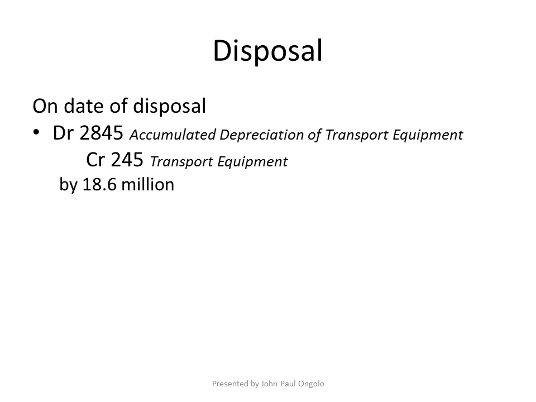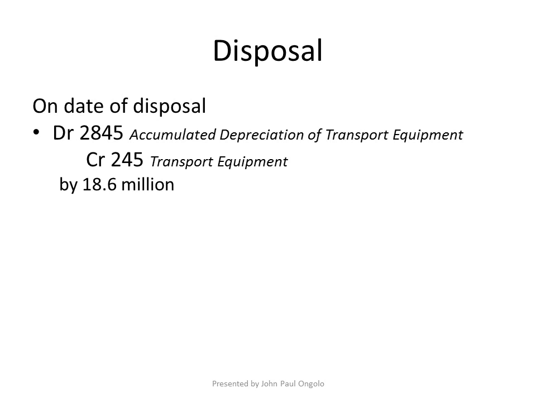So by debiting account 2845, by the total accumulated depreciation which has been recorded on the asset, we are effectively closing that account.